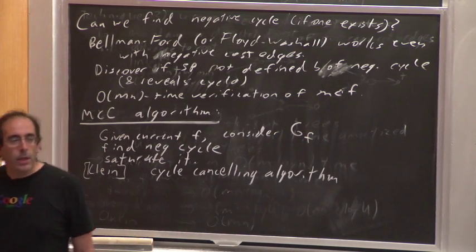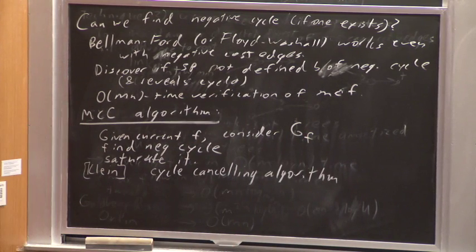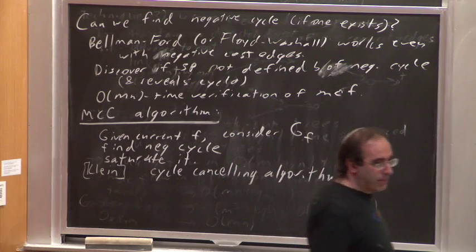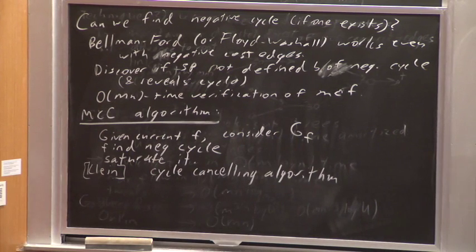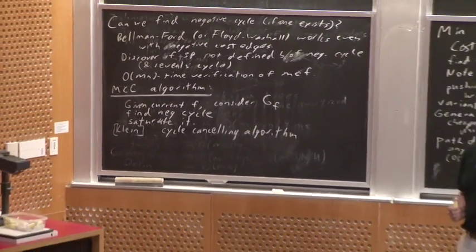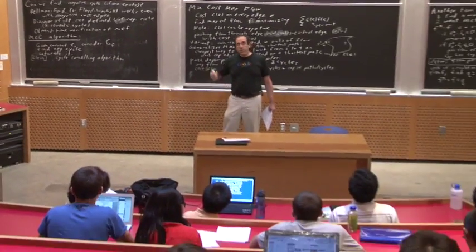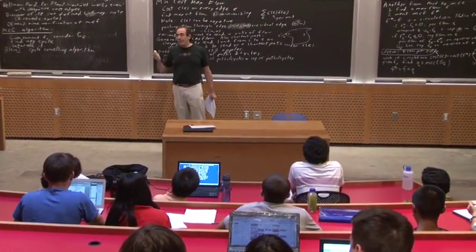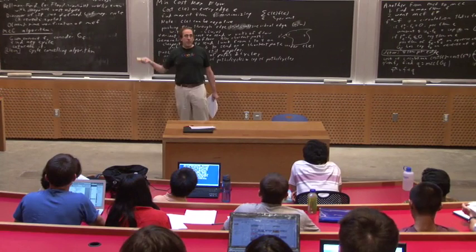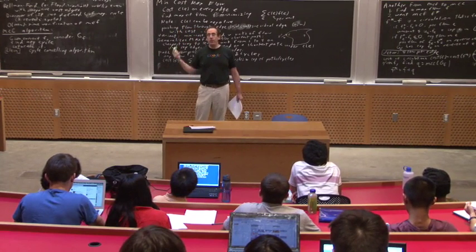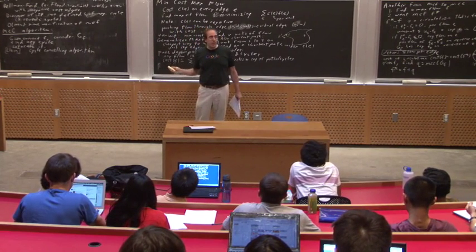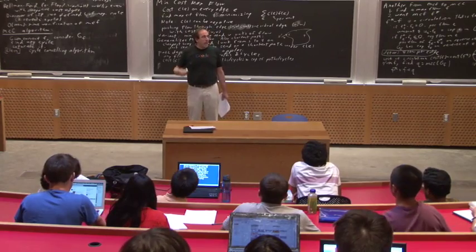Okay. How long is it going to take to find a min-cost circulation this way? Well, if you think about it, this is the exact analog of the naive augmenting paths algorithm, right? Find any old path and saturate it. Now we are saying find any old negative cycle and saturate it.